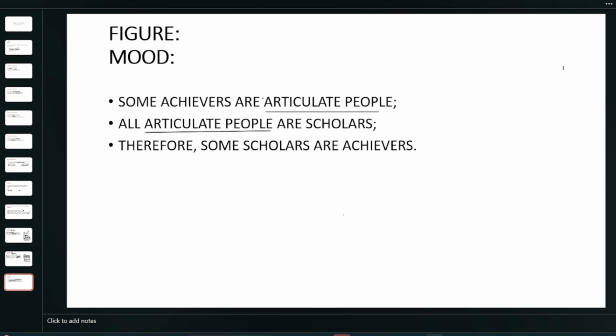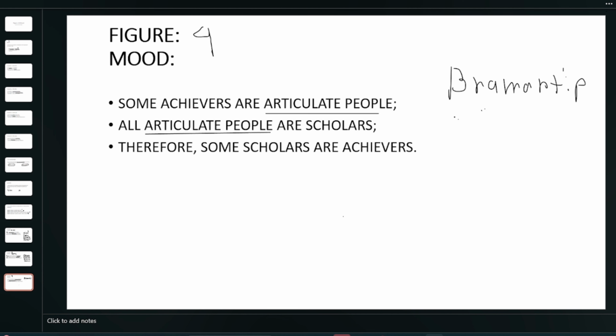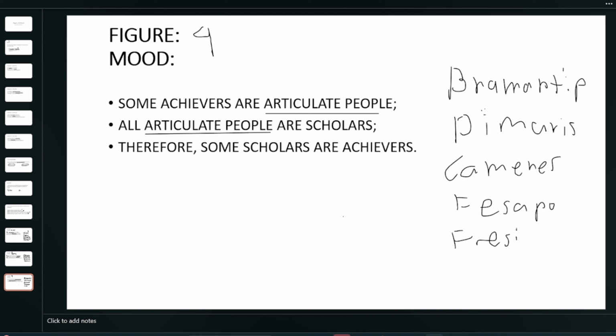The one with pre-sub is figure number 4, and there are only 5 moods possible for this: Bramantip, Camenes, Dimaris, Fesapo, and Fresison.